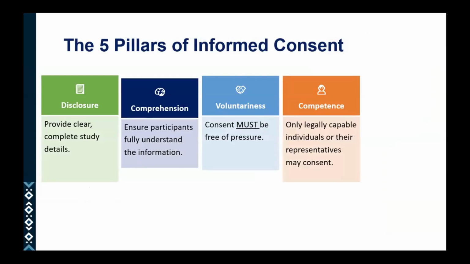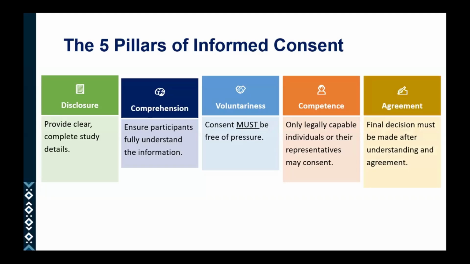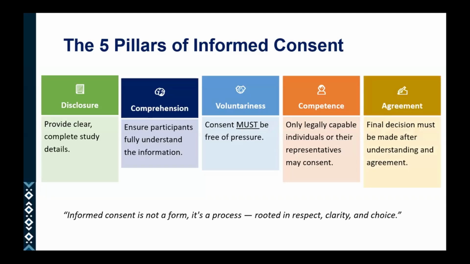Competence: only legally capable individuals or their representatives may consent. And these legally capable individuals should have a sound mental capacity, or their legal representatives must have the same capacity before they provide consent. So informed consent is not just a form, it is a process rooted in respect, clarity, and choice.